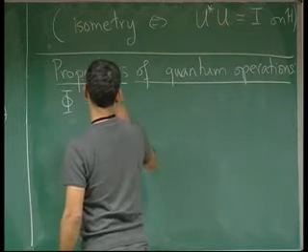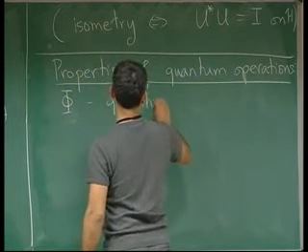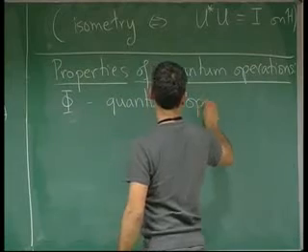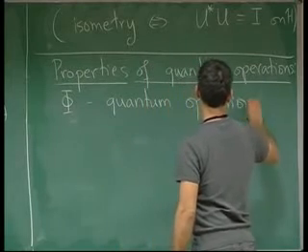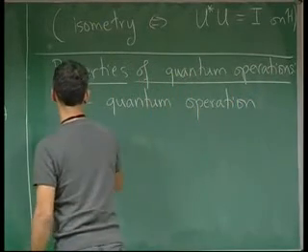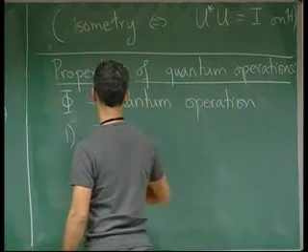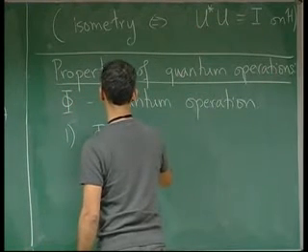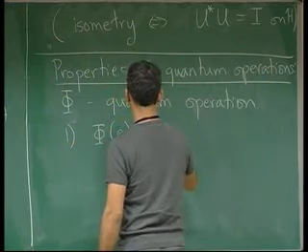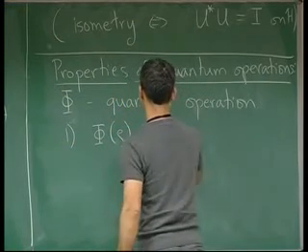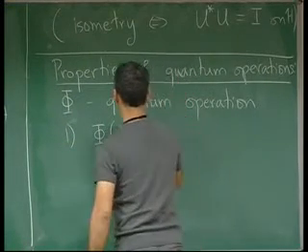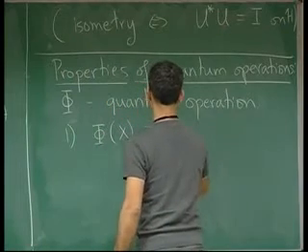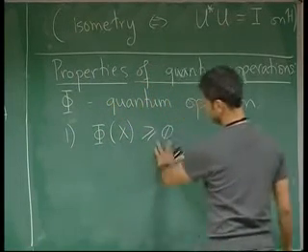Let phi be this quantum operation. Phi of x is bigger than or equal to 0. So I use this notation.